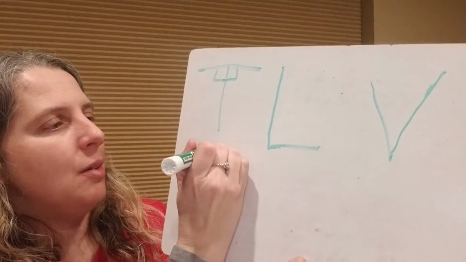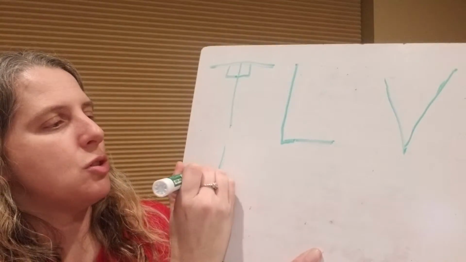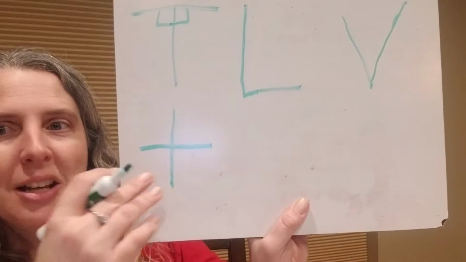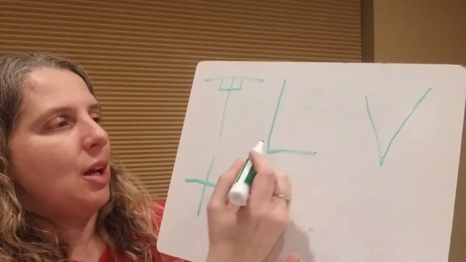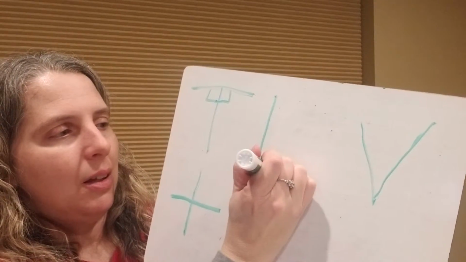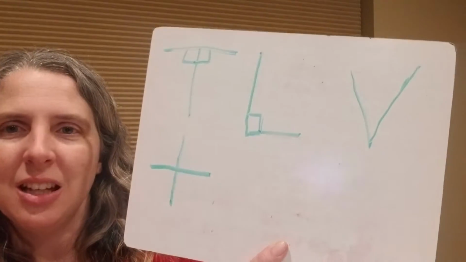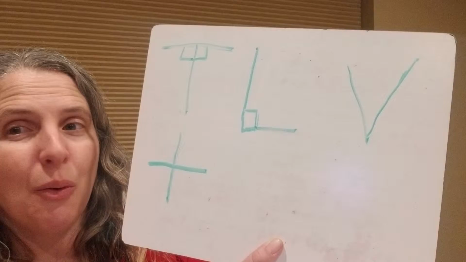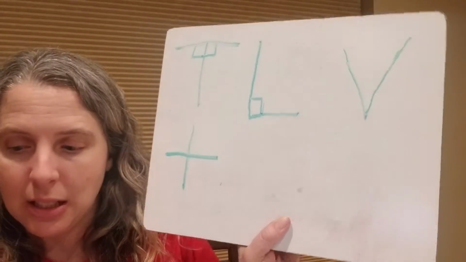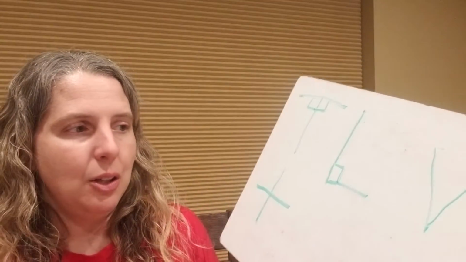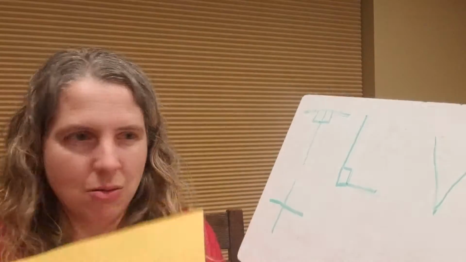Okay, even if you did this with your straight edge, a lowercase t would do it. Good. What about the L? That makes a right angle. What about the V? It's not a right angle, so they're not perpendicular. If you had your right angle, I'm just going to use this.